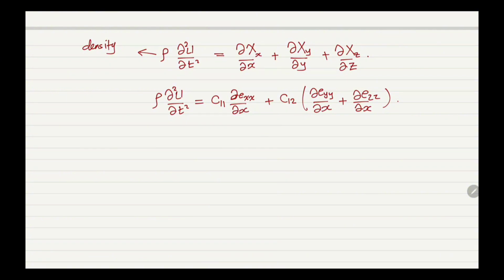One more thing to mention here, that x, y, z directions are parallel to the cube edge. In this case here, let's simplify this one.